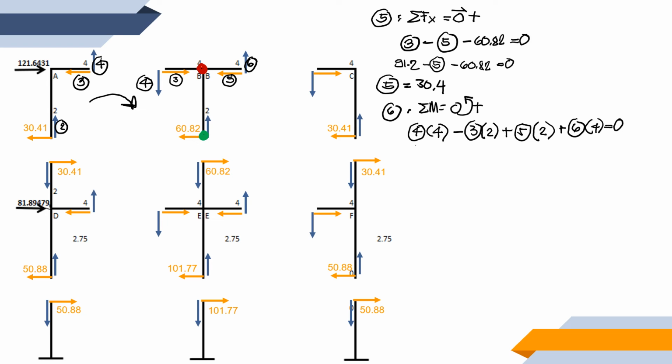So let me write that one. Our equation now would become force number 4, which we have previously solved to be 15.2, times 4, minus force number 3, which was previously solved to be 91.2, times the moment arm 2, plus our force number 5, which is 30.4, times the moment arm 2, plus our unknown force 6 times the moment arm 4.